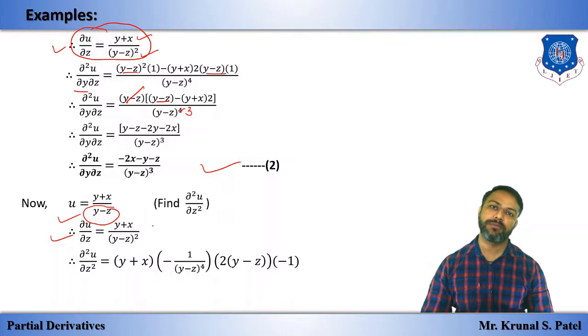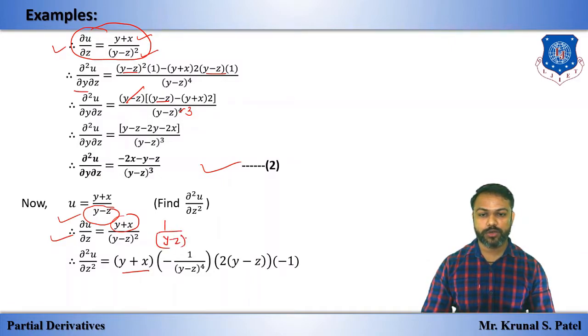Again we apply the same rule, one upon something: (y plus x) as it is, and the remaining is 1 upon (y minus z) whole square, so minus 1 upon something whole square, that means power 4, and the derivative of something is 2 (y minus z) raised to 1, and the differentiation of y minus z is minus 1 with respect to z, that's why.